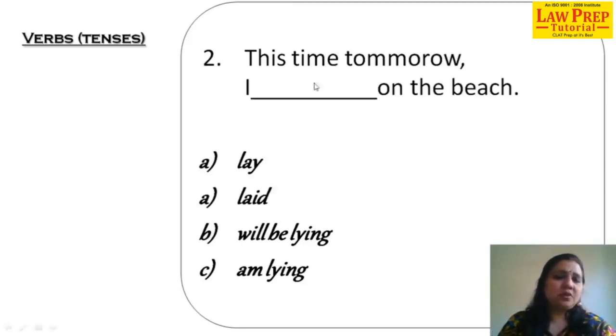So: this time tomorrow I dash on the beach. Lay, laid, will be lying, am lying. When I'm talking of tomorrow, I can't use past tense. Lay is past tense. Laid is again past tense. Am lying is if the action is taking place at present. No. So it will be lying: I will be lying on the beach tomorrow.